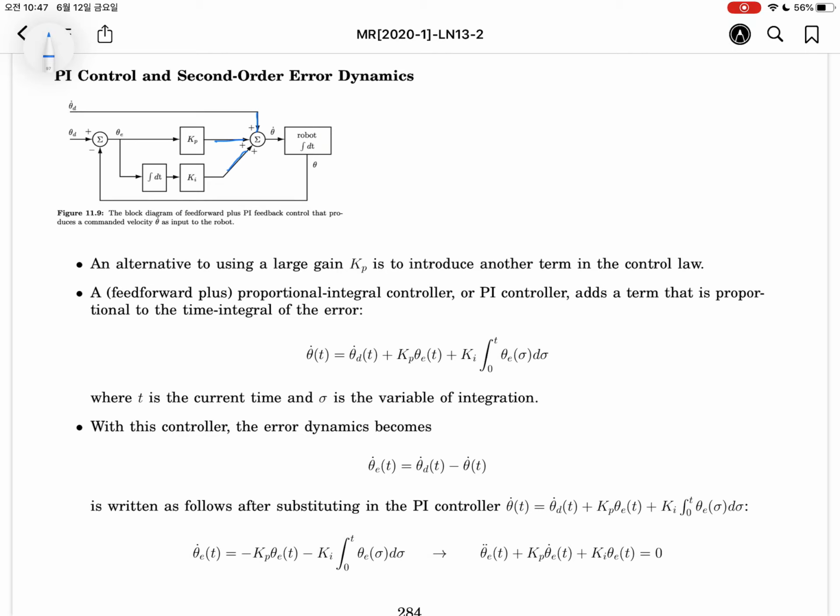Okay. Anyway, we will introduce integral control to remove the disturbance. Okay, the PI control is given. Okay, here the new term is assigned here. The sigma is the integration variable, and the t is the current time.